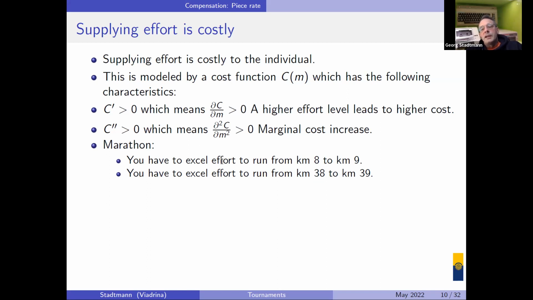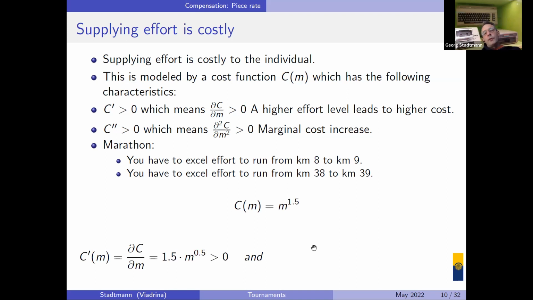Of course, in the second example, because then already more kilometers were run, and therefore the next kilometer will come along with higher cost. So C prime is positive and C double prime is also positive.